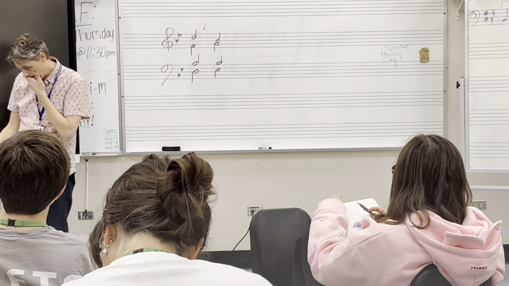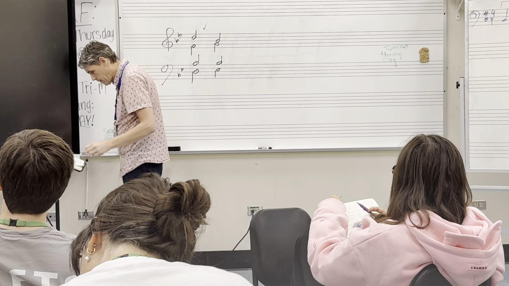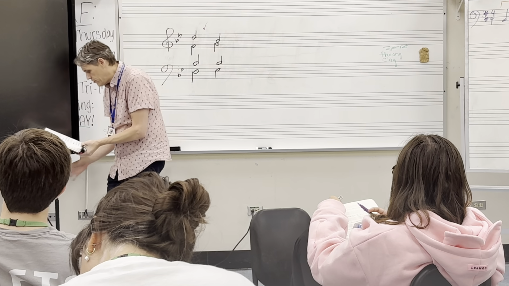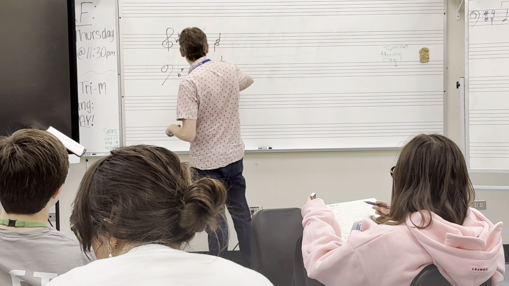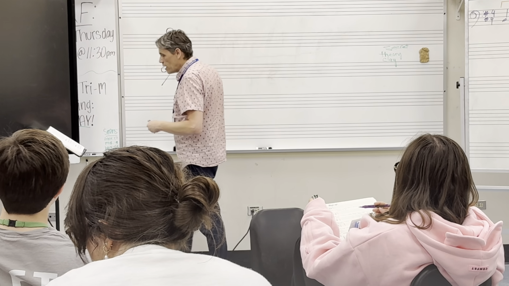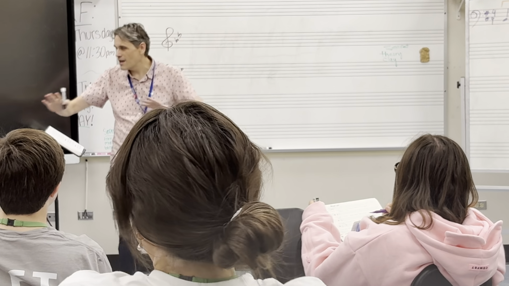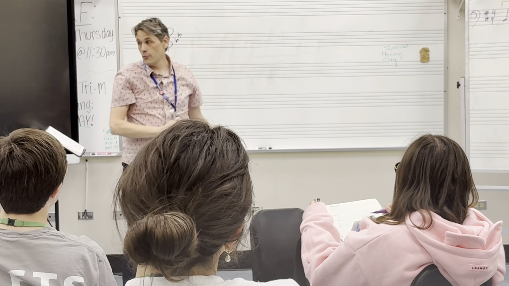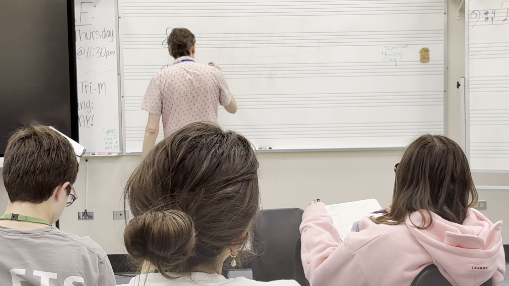You are right. So, now here's the thing. This is so egregious an error that you're not allowed to do anything that might possibly be conceived to be anything close to a parallel 5th or a parallel octave.